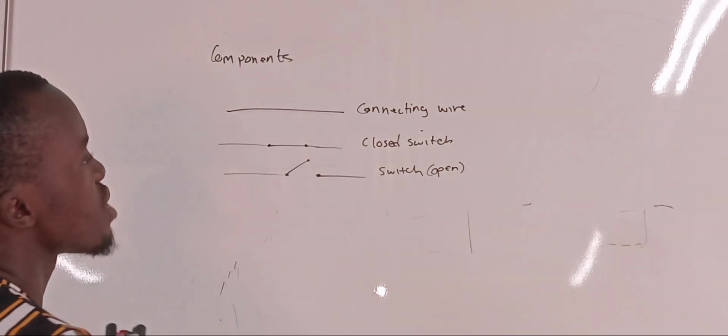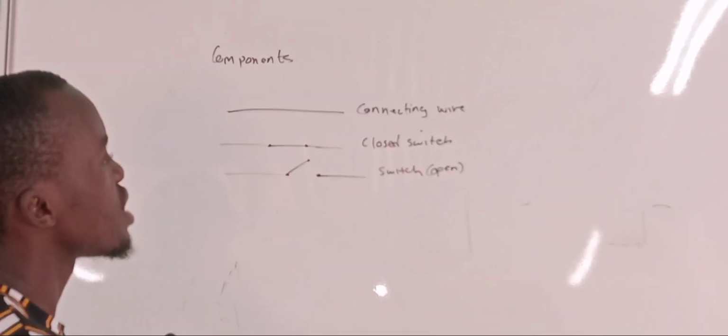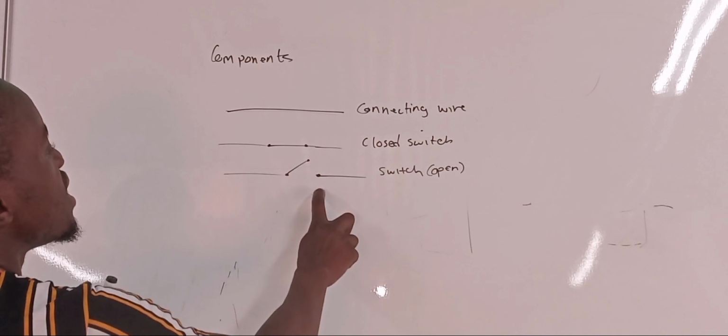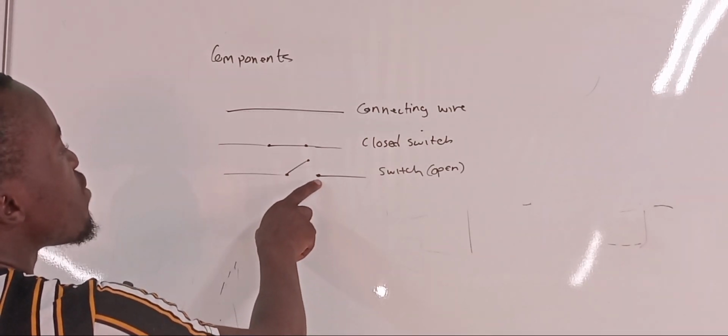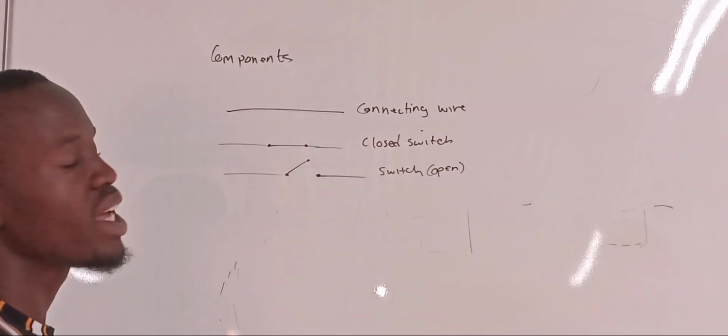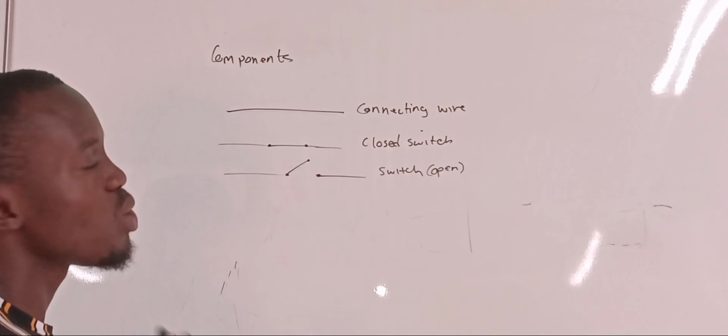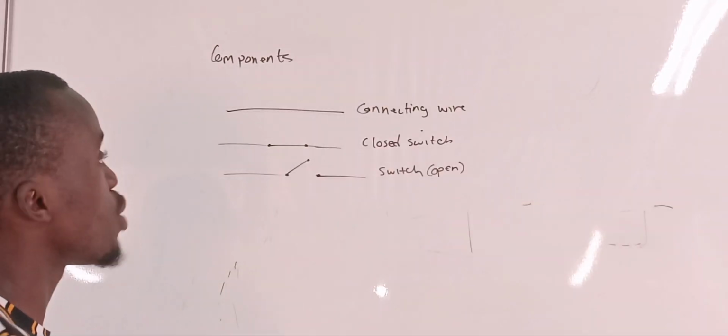I don't know if I use the correct term, but you understand it. Then it doesn't flow on the other part of the wire, meaning there's no electricity. That's very important for you to know.